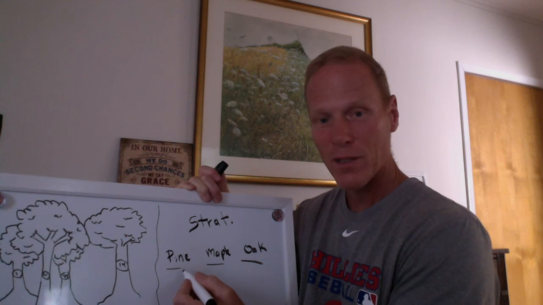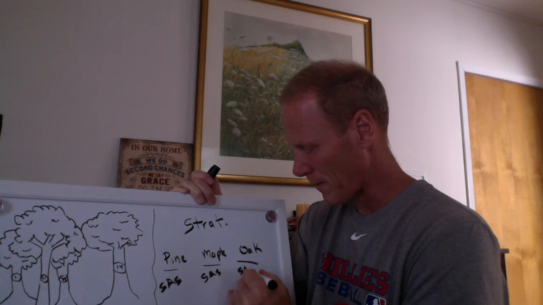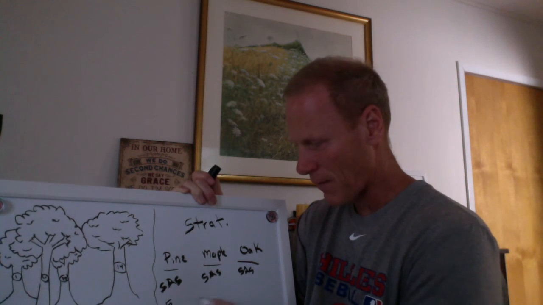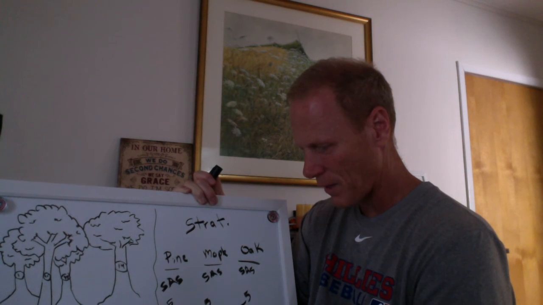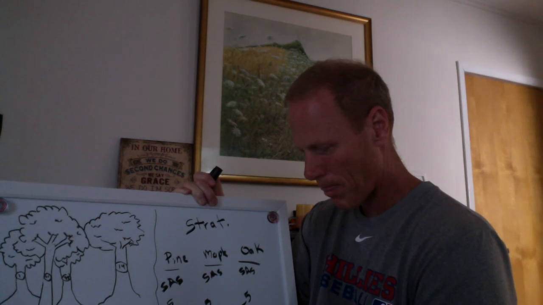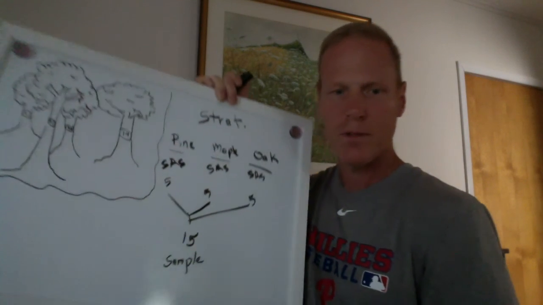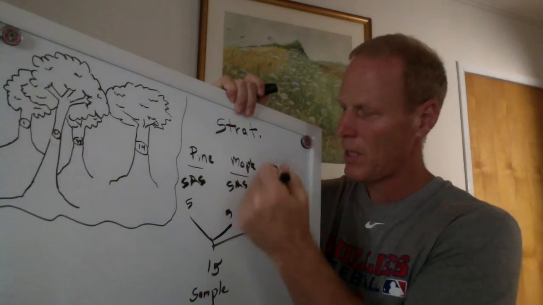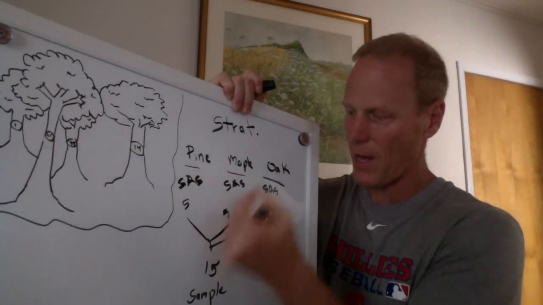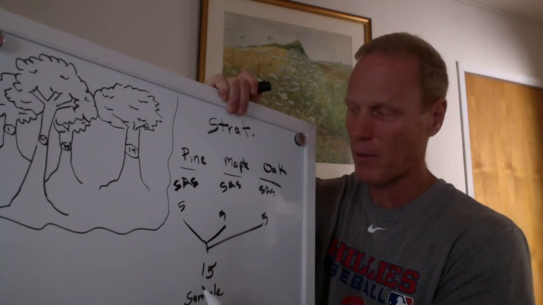Then I do a simple random sample inside each one of these. Let's say I took 5 here, 5 here, 5 here. Then these 15 trees make up the sample I'm going to use. So all you do is break them down into groups, do a simple random sample among each group, say 5 from each one, and that becomes my sample.